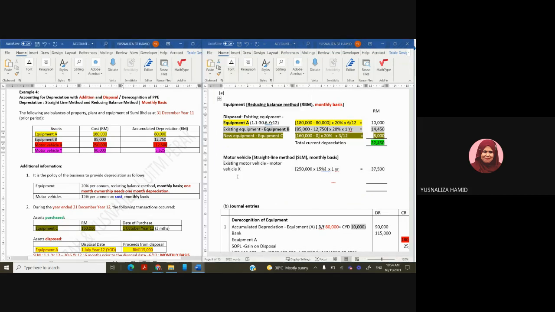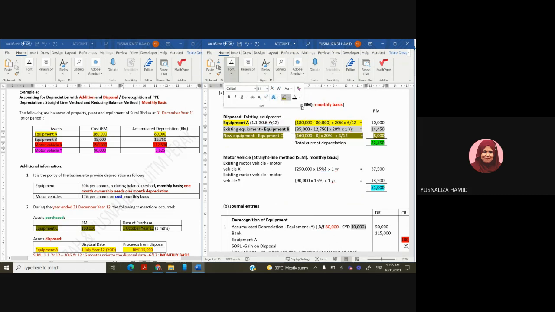You can also join them together and do X and Y as one calculation, but I would suggest you do it separately in case you make a mistake. And then you have another one, which is motor vehicle Y. So you can join them together by taking 250 plus 90 times 15% times 1 year. You will also get the same answer, which is 51,000.